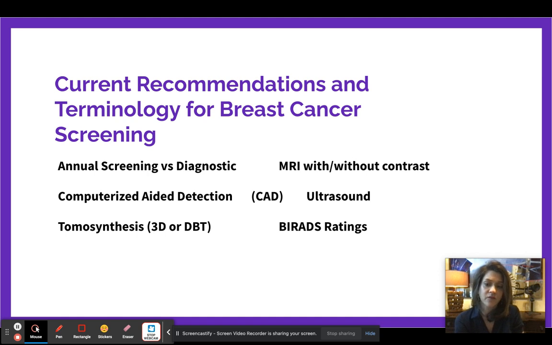Tomosynthesis is quite helpful when you have density C or D, and you should always consider this for your patients that have more dense breast parenchyma. In 2018, the Texas legislature made it mandatory that if a provider orders 3D, the insurance has to cover it. So there should be no additional cost to your patient.